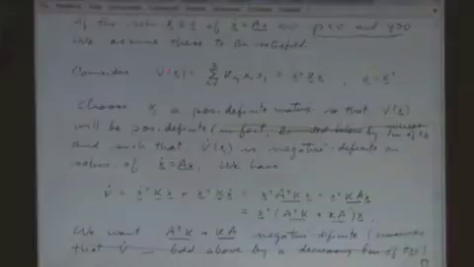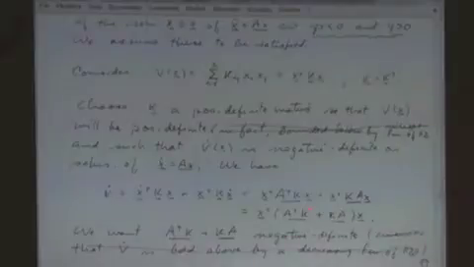So the idea is to construct a Lyapunov function now for the linear system. And the easy thing to do is to construct a quadratic function, if possible, with some symmetric matrix K. So we want K to be positive definite to ensure that V satisfies the conditions of a Lyapunov function, but its derivative should be negative on any trajectory of the linear system.